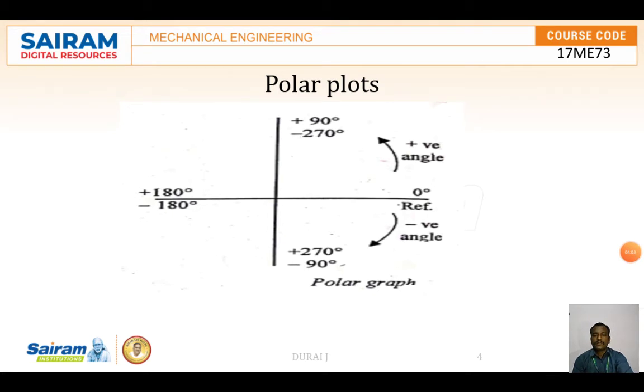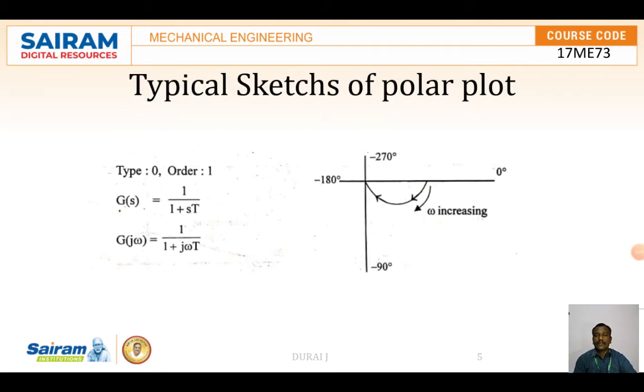Then comes the next point, some typical sketches of the polar plot, like suppose it is a type 0 order 1 system. Here G of s is equal to 1 by 1 plus sT. In terms of s we are going to substitute s with j omega, the sinusoidal form.